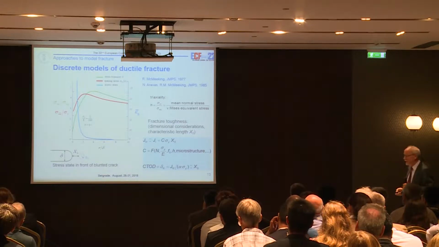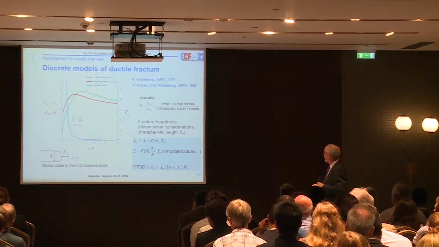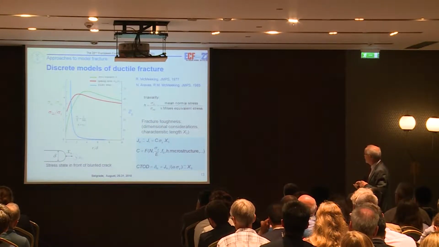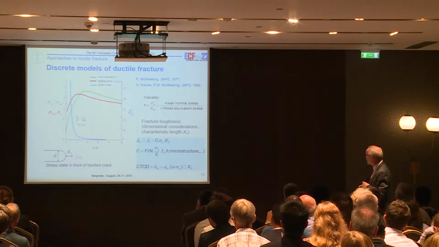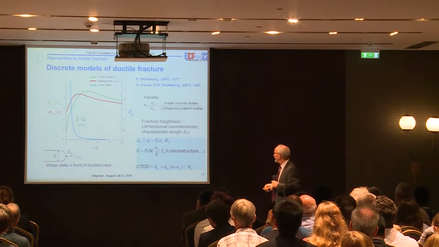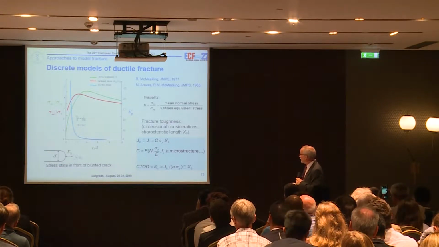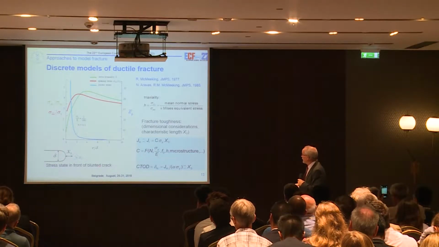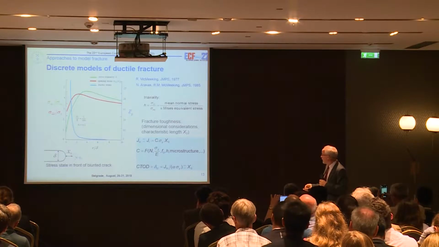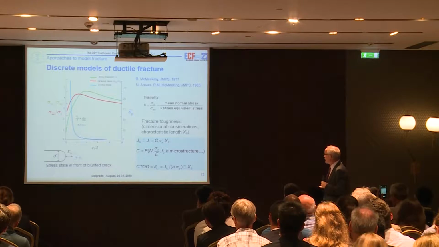So I go a little bit through the history. The first who tried to simulate these ductile fracture processes was the group around McMeeking at the end of the 1970s. By large scale, large strain plastic analysis, they found the stress and strain state in front of a blunted notch and assumed here, in this distance x0, a void, one void, in 2D with the radius r0.